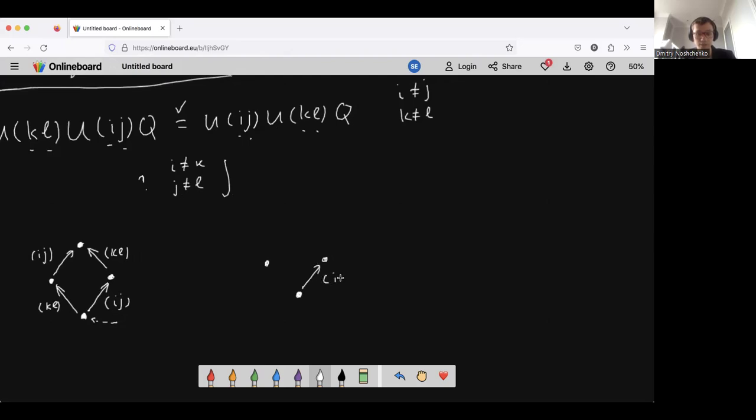Let's say we hit here by uij, and here we hit by jk. So one can show that this diagram becomes a hexagon, and we have the following picture.